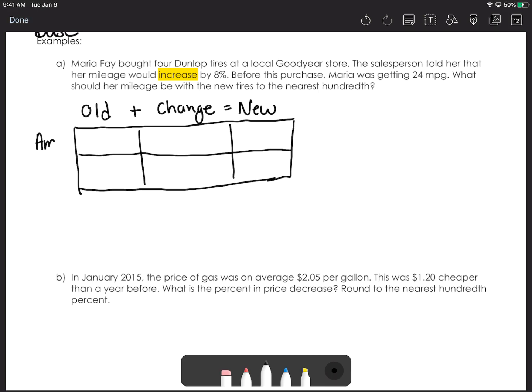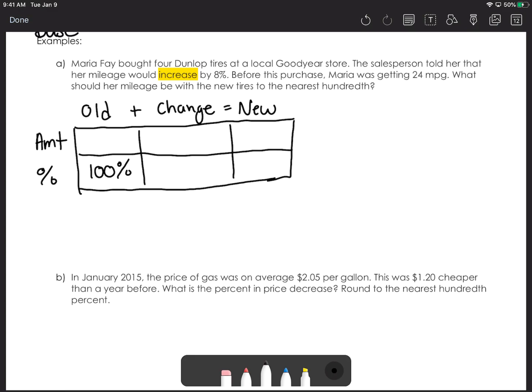So in the first row, I'm going to have the amount, so the amount of the old value, the amount of the change, and the amount of the new value. And then in the bottom row, I'm going to have what those values are represented in terms of percent. Now, because the old value always represents the base, we're automatically going to put in that the old value represents 100%.